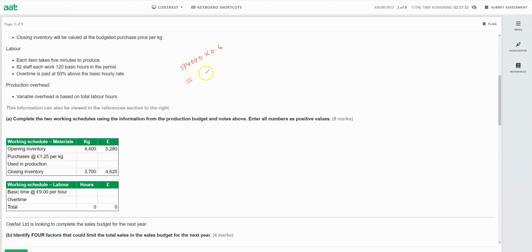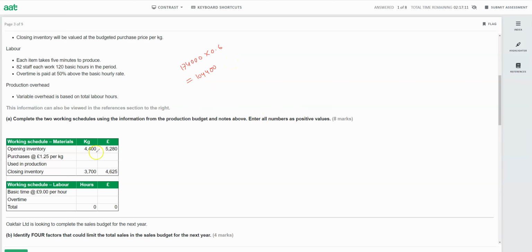So how many kilograms do we need in total? That's what we are going to calculate. So 174,000 multiplied by 0.6. So in total we will need 104,400. This is the amount of material we need.